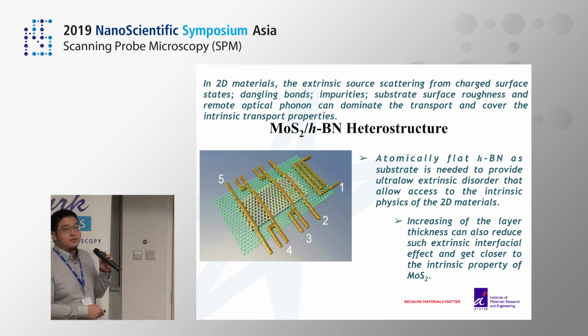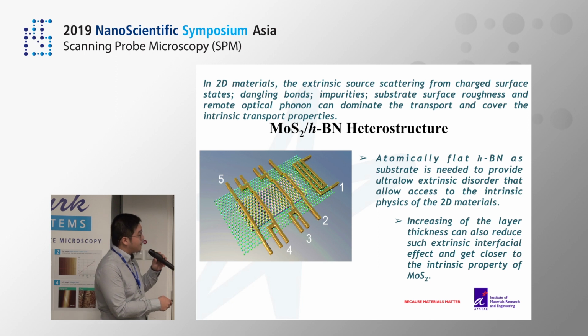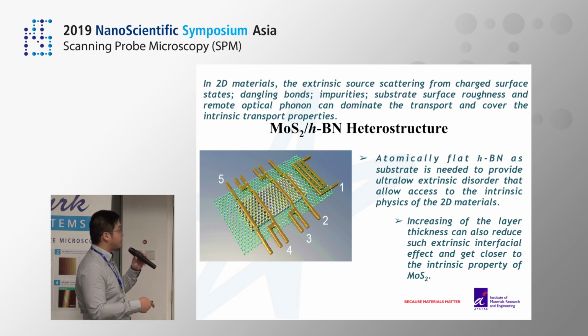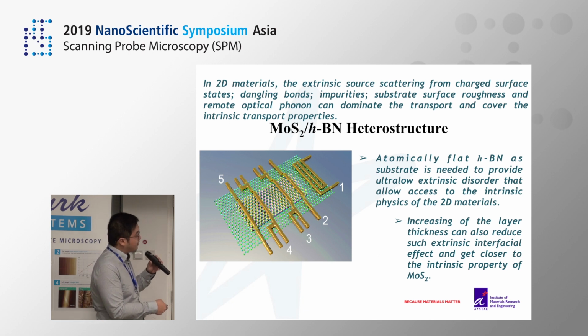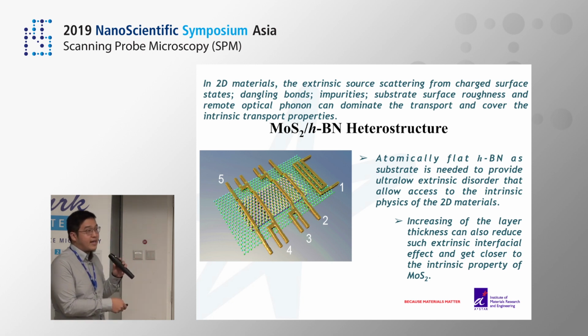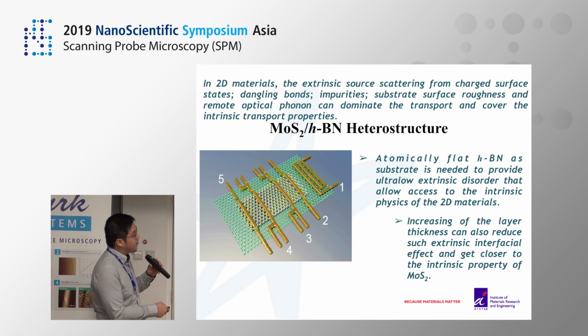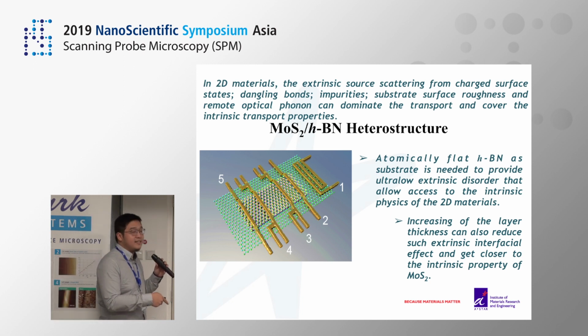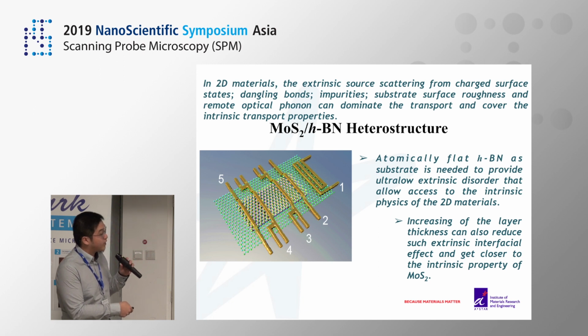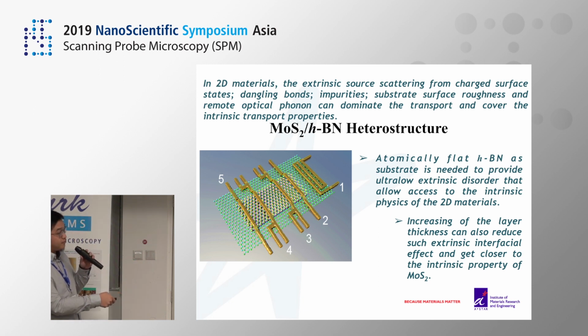This is our typical device structure. We have a few electrodes here. We use MoS2, a well-studied 2D semiconductor, and we put this MoS2 flake on the hexagonal boron nitride. And here is the nano-fabricated heater. We pass a heating current through the heater, and we create dual heating so we can have a local temperature gradient along these materials.